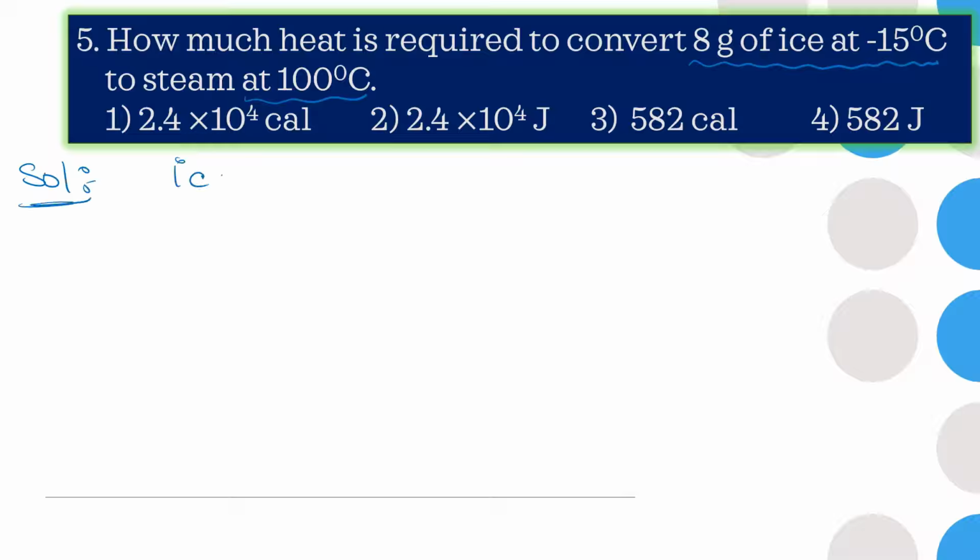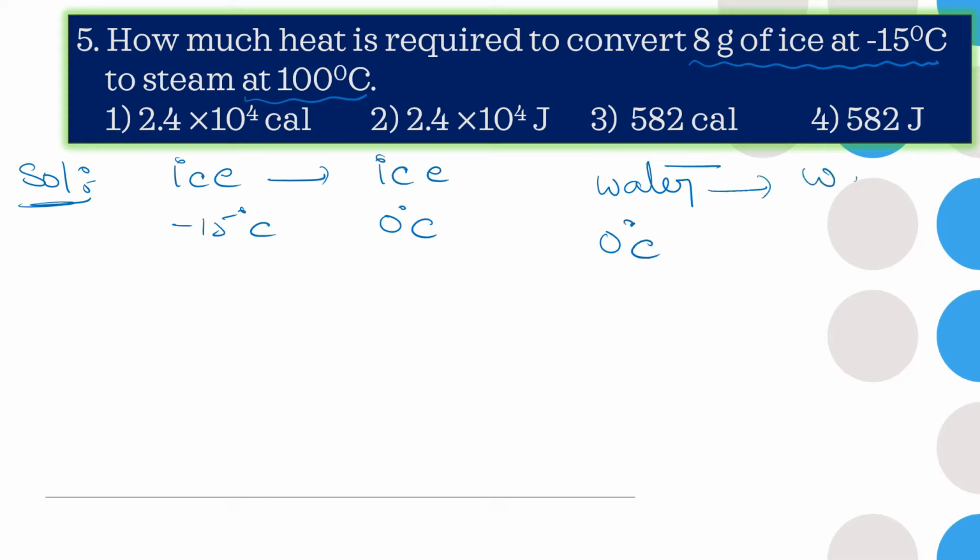Here, converting 8 grams of ice at minus 15 degree centigrade to steam at 100 degree centigrade: minus 15 degree centigrade, 0 degree centigrade, and now converting into water at 0 degree centigrade, and water now at 100 degree centigrade, and finally steam at 100 degree centigrade.